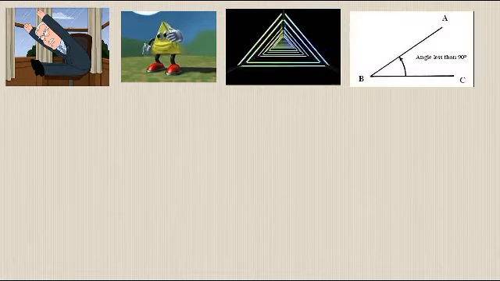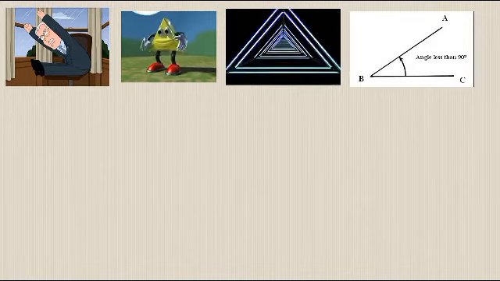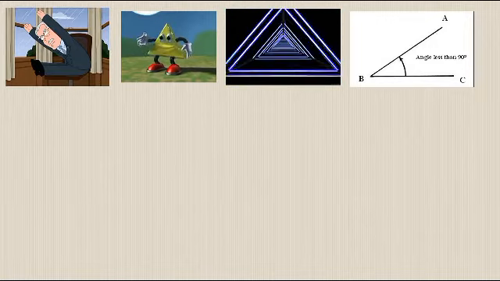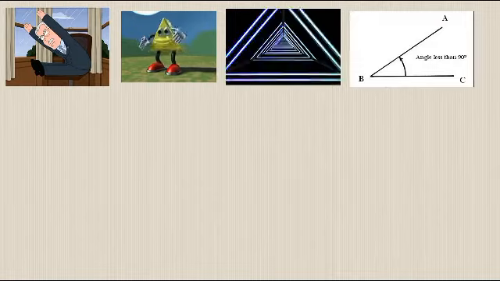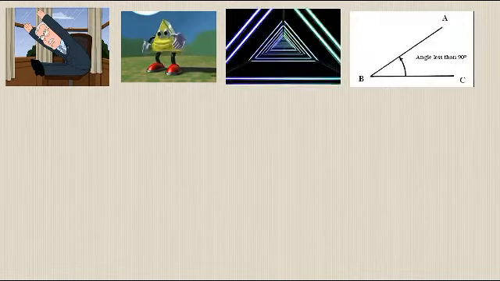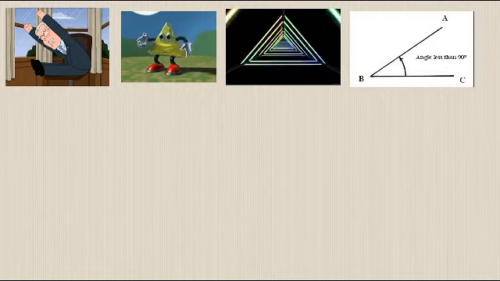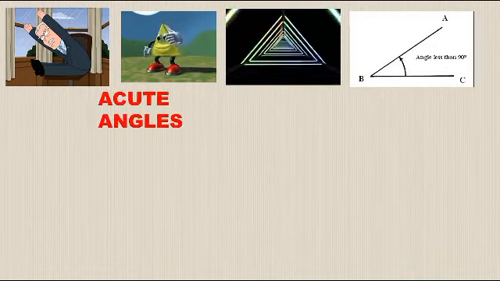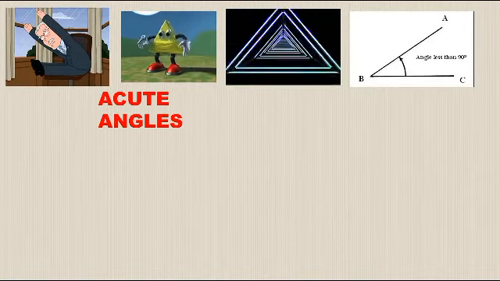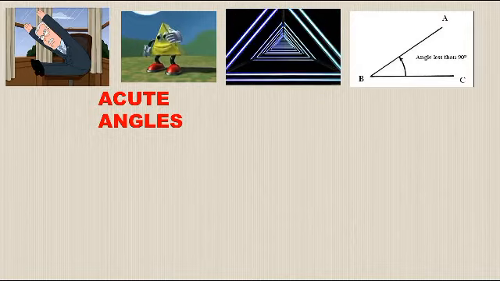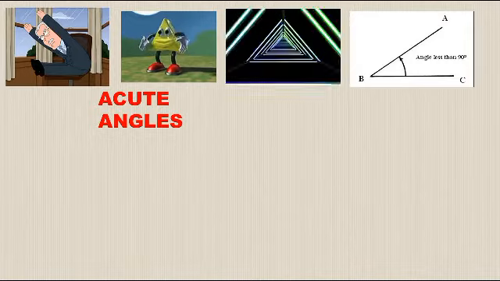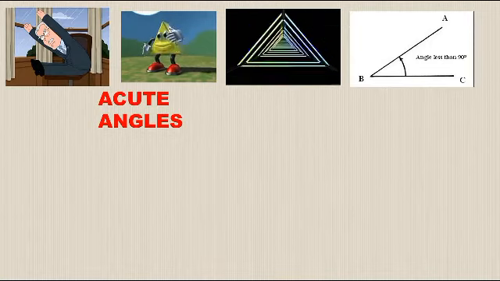You can see that these triangles, most times, bend inward, forming angles that are less than 90 degrees. So we call this type of triangle an acute triangle because they contain acute angles. Remember, acute angles are angles less than 90 degrees.